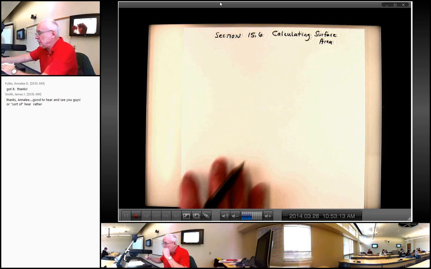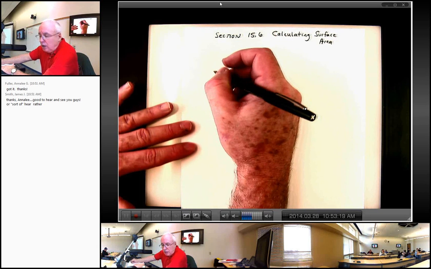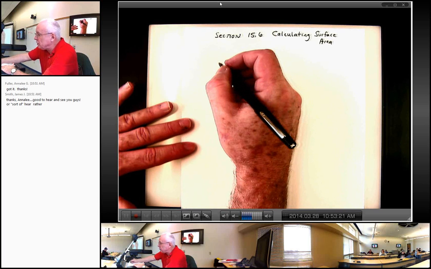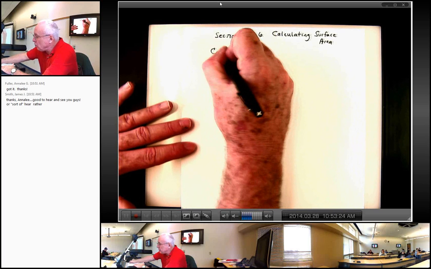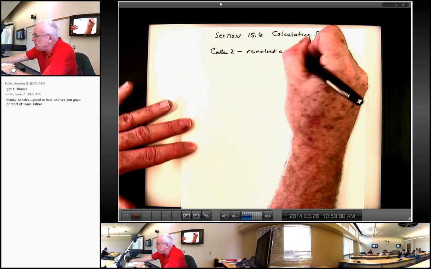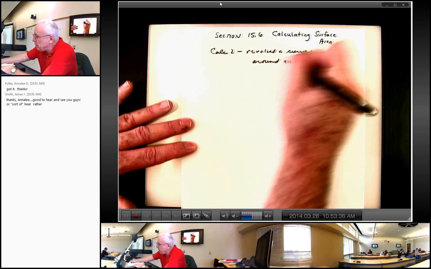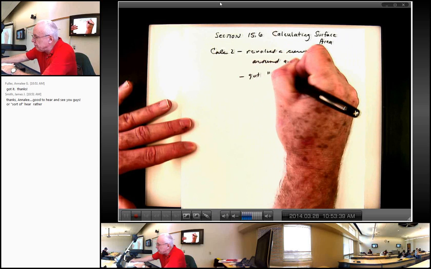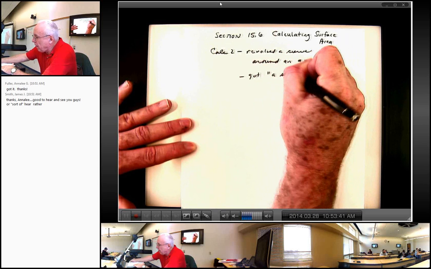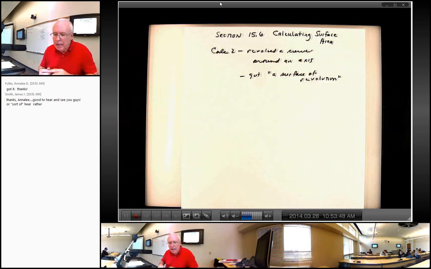Now, in Calc 2, we talked about calculating the area of a surface of revolution, where we had revolved, say, a curve around an axis, and what we got was called a surface of revolution. And we had looked at some formulas for calculating that area.